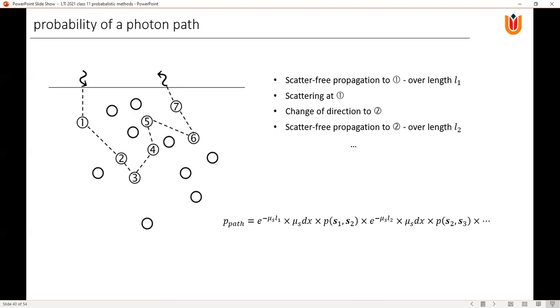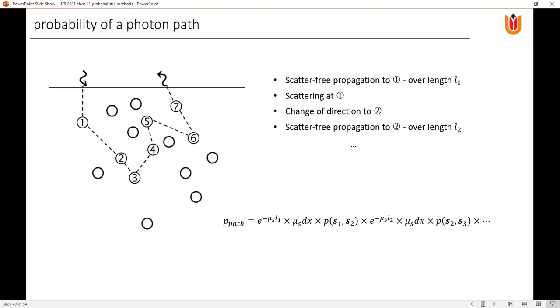Then the probability of changing direction, so let's say from direction S1 to S2, is given by the phase function. Then the next step, if we follow this trajectory, is propagation over a length L2 without being scattered again, given by this exponential.